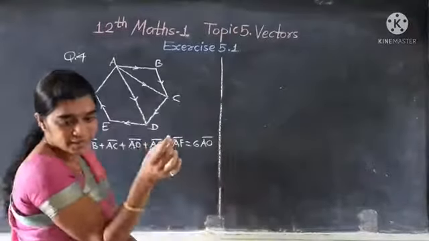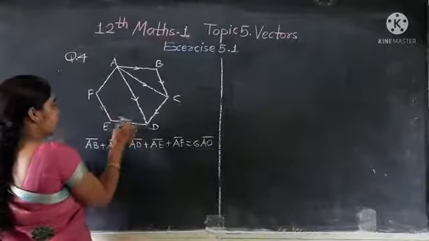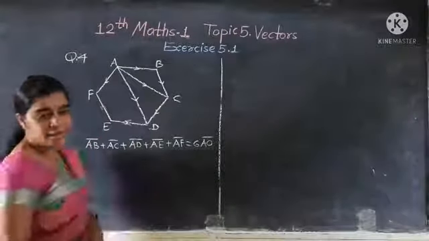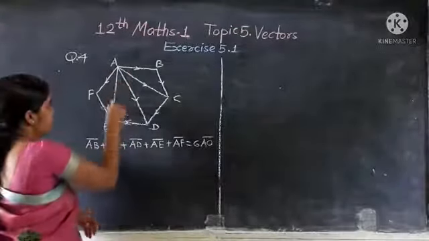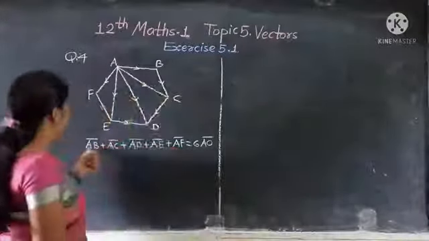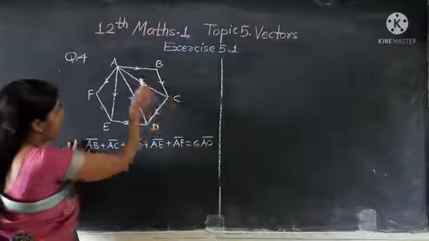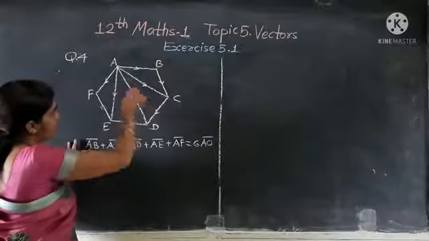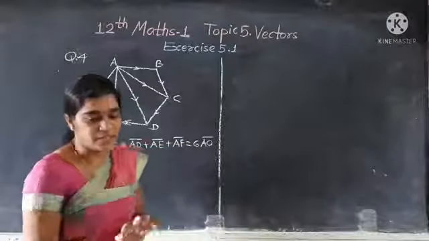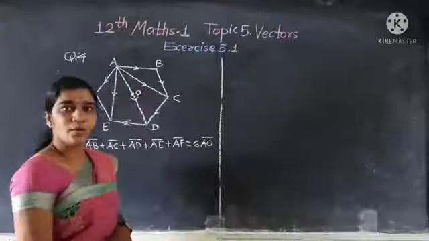Lastly you take this direction AF bar and AD bar and join this. O is the center of the hexagon. We have to prove this.